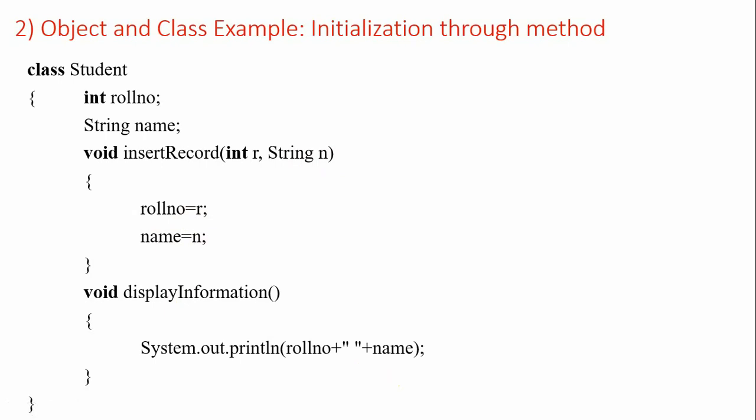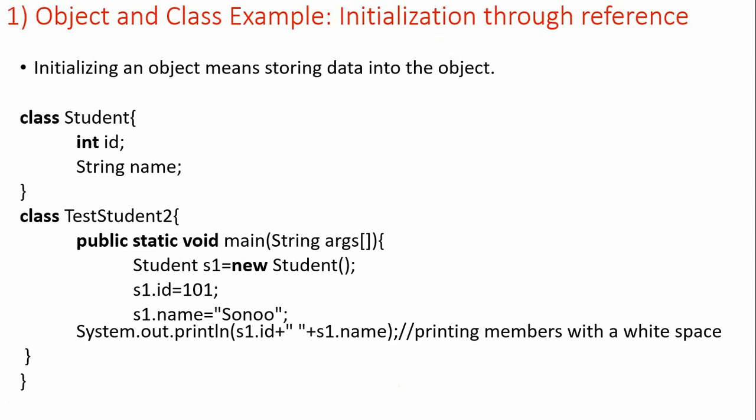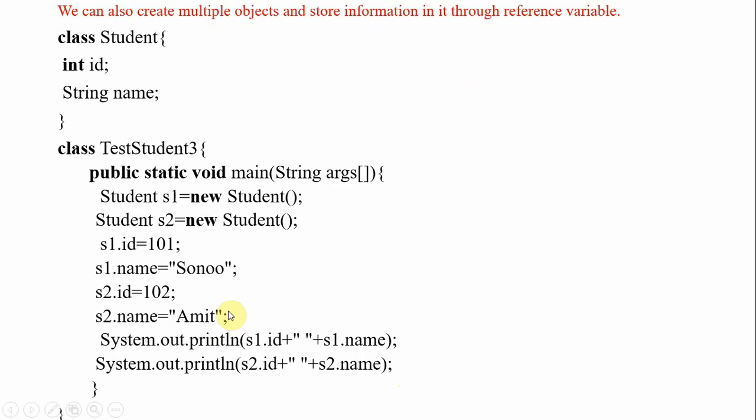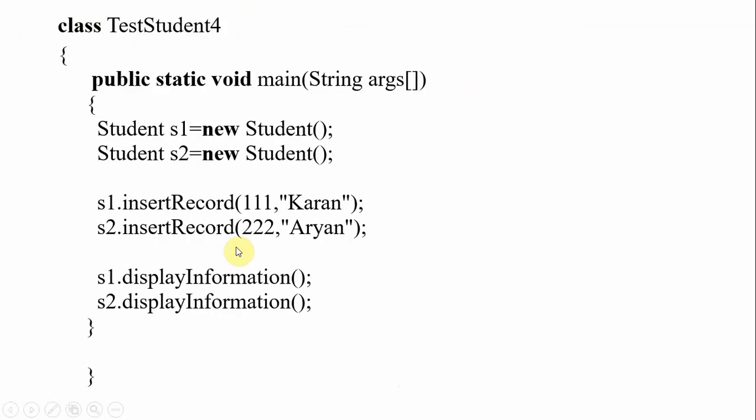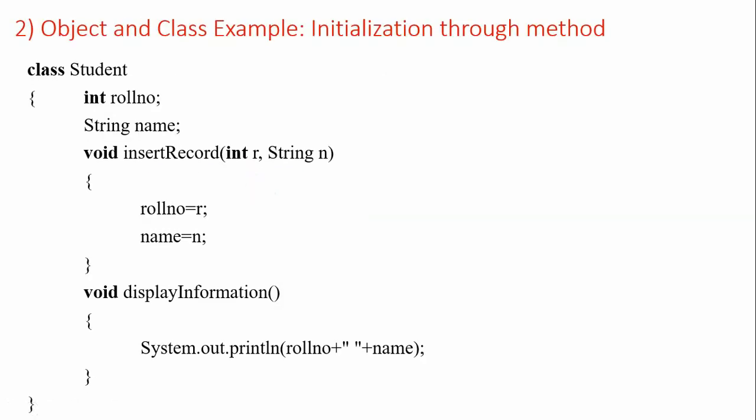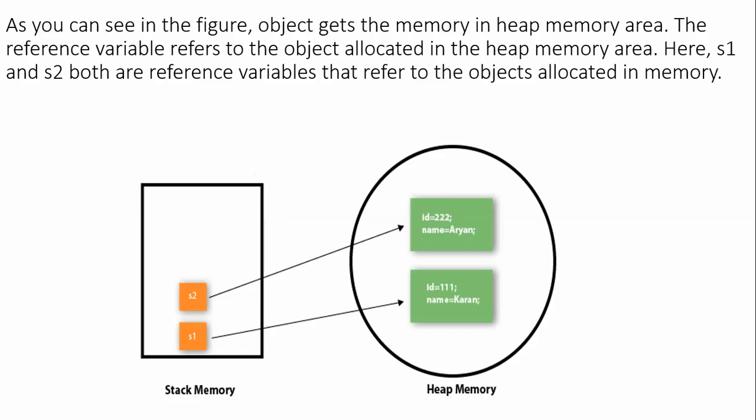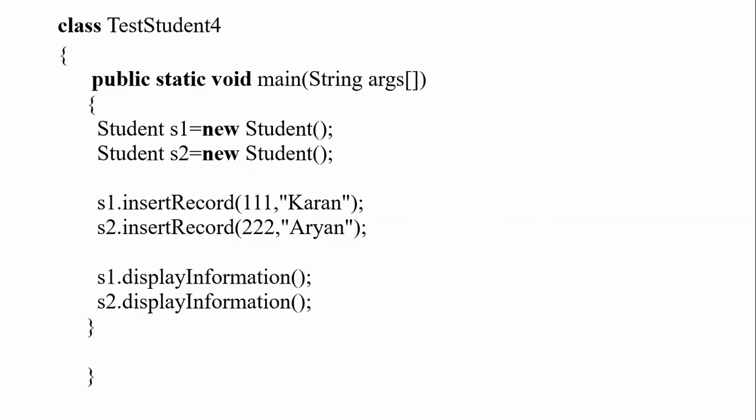So by the method also we can do initialization, which means simply we are storing the data into the objects. By the reference variable we can give the values to the object. In the same way, by the method also we can give the values to the object. That is the main point here. So that is initialization through method. I am not executing these programs now.